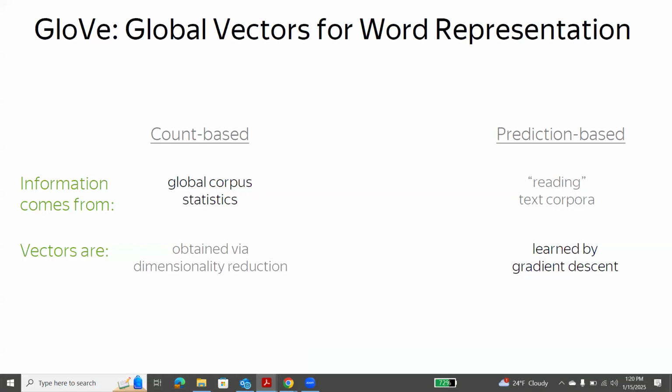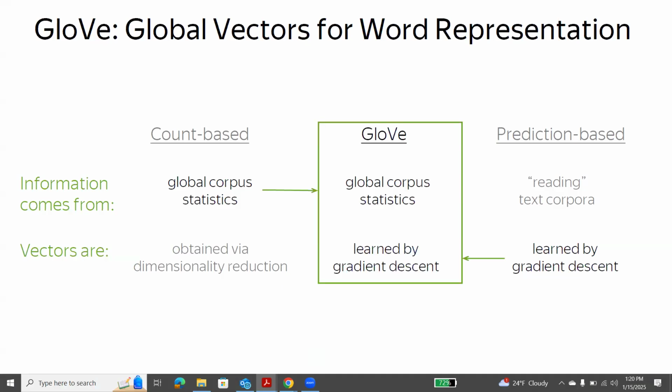In word2vec, we didn't calculate statistics, we just applied our model and generated the embeddings. The GloVe model combined these two ideas.